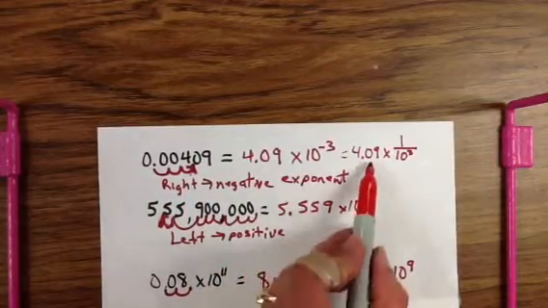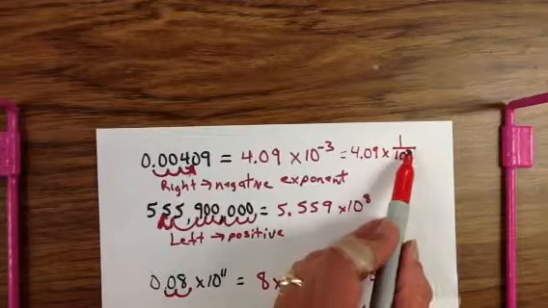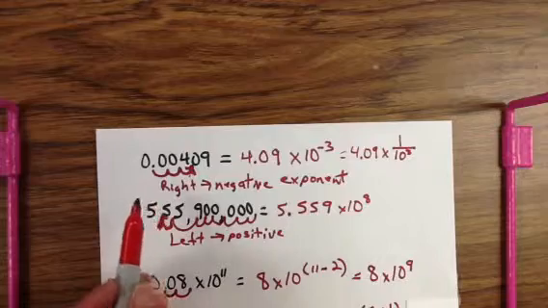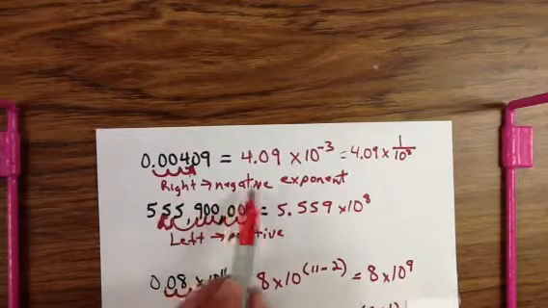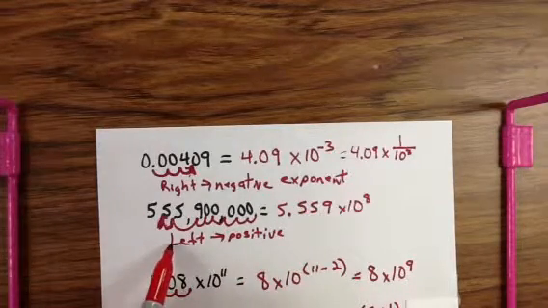Then to bring it back to its original number, you have to times by 1 over 10 to the third. So anyway, this would be a negative exponent. And then let's look at this one.